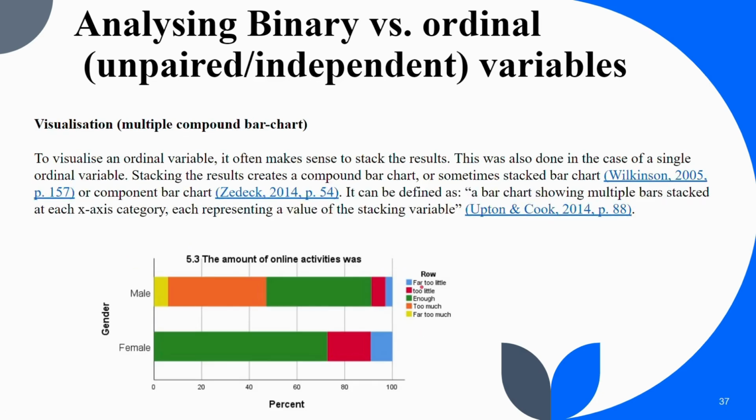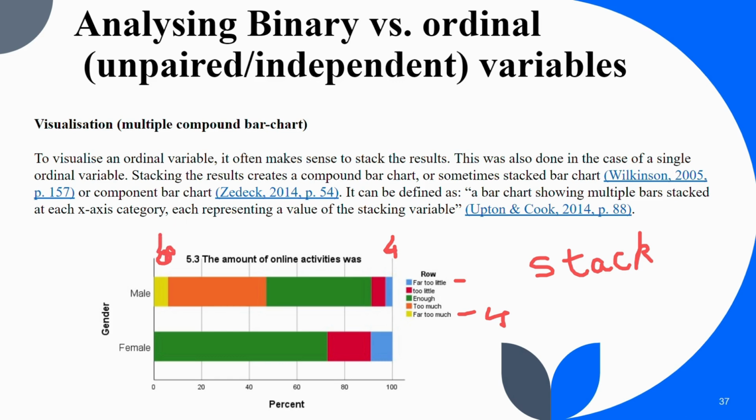Then comes the compound bar chart, which is also a stacked bar chart. Stacked because all the ordinal data are in order. So far too little is the lowest point, I will call it level 0, and the highest will be the value 4.